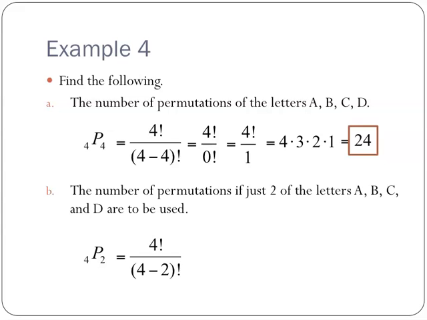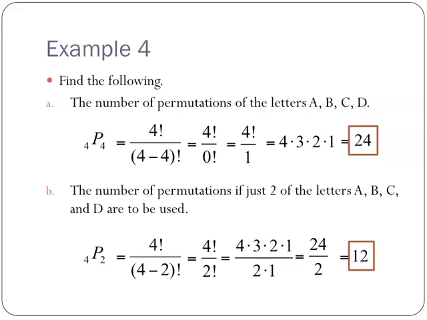So now I have 4 factorial divided by 2 factorial. So that's equal to 4 times 3 times 2 times 1 over 2 times 1. You'll notice here, if you want to, you can absolutely cancel out the 2 times 1 that's in the numerator and the denominator, leaving you with 4 times 3. Or you can simply multiply the whole thing out and divide by 2. So 24 divided by 2, which is equal to 12.